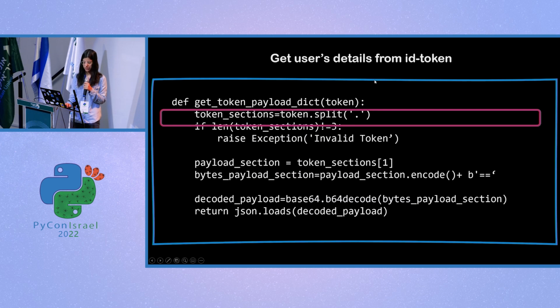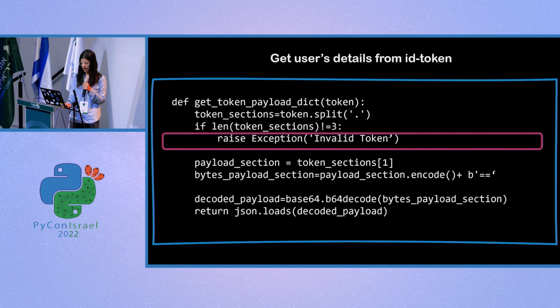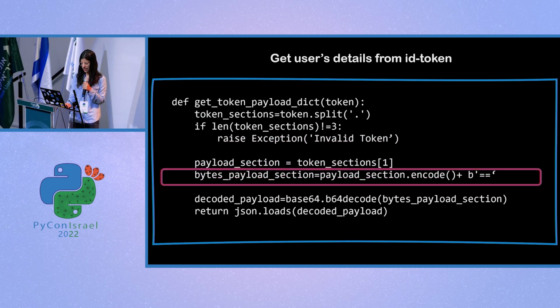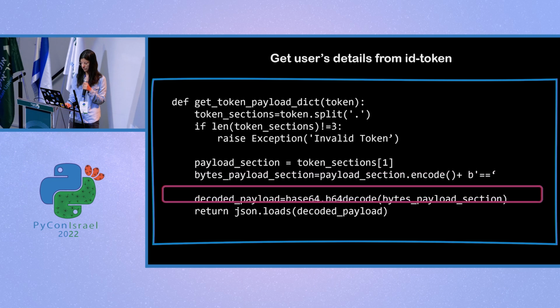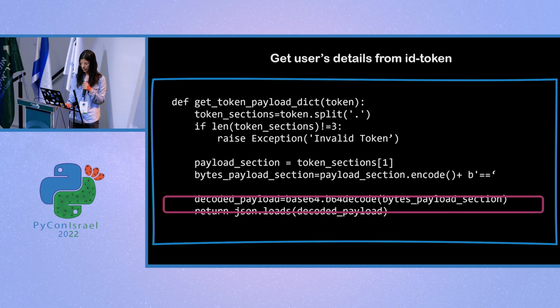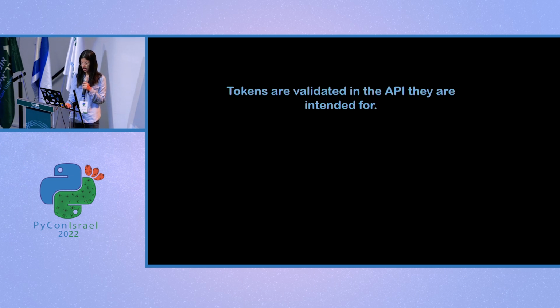Now let's get the user details from the ID token in the code. First we split the token by the dots because we want to get the middle part. We get the payload section, turn it into a byte array, and decode it in base64. And that's great because now we get the user details from the ID token. Now, just a comment here.